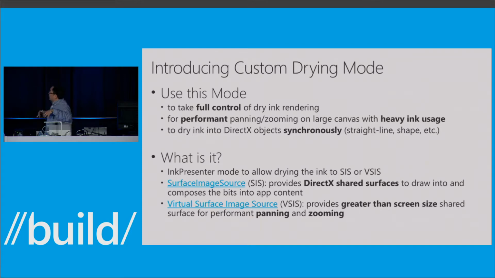Both of them provide a DirectX shared surface for the application to draw into. The difference is that virtual surface image source provides a greater than screen size shared surface for you to draw into. This is the one I use in the demo app, and it provides better performance for panning and zooming.